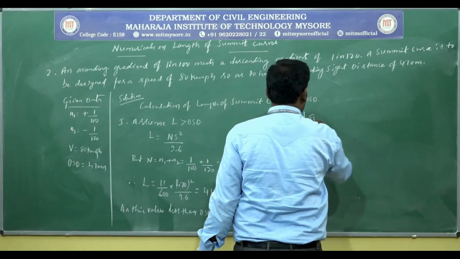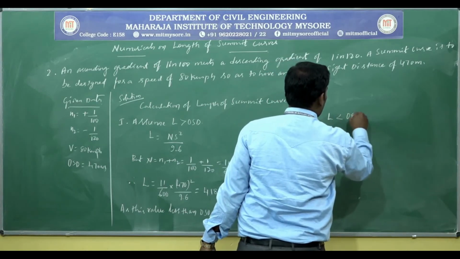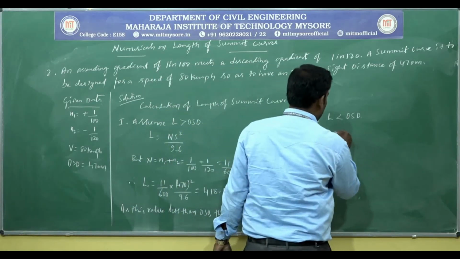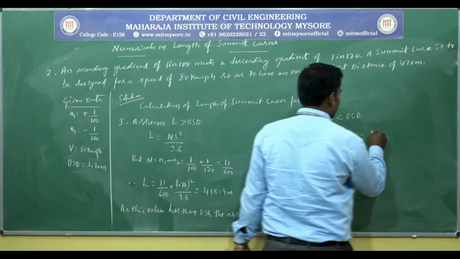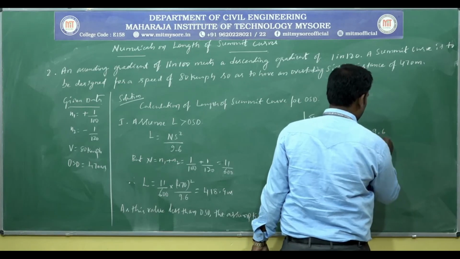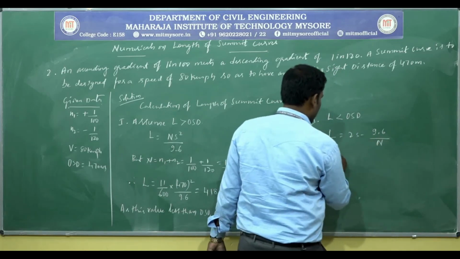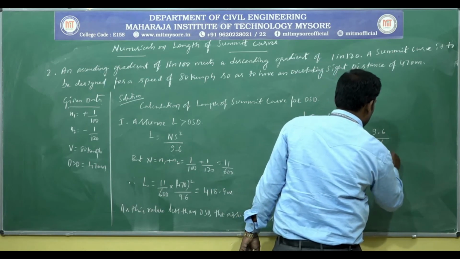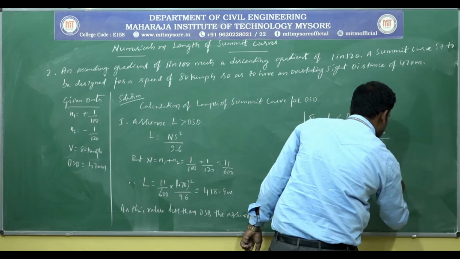Next, in the second case, I am going to assume L, the length of summit curve, is less than overtaking sight distance. In that case, the length of summit curve will be calculated by 2S minus 9.6 divided by N. Therefore, L is equal to 2 into 470 minus 9.6 divided by N. N is about 11 by 600.